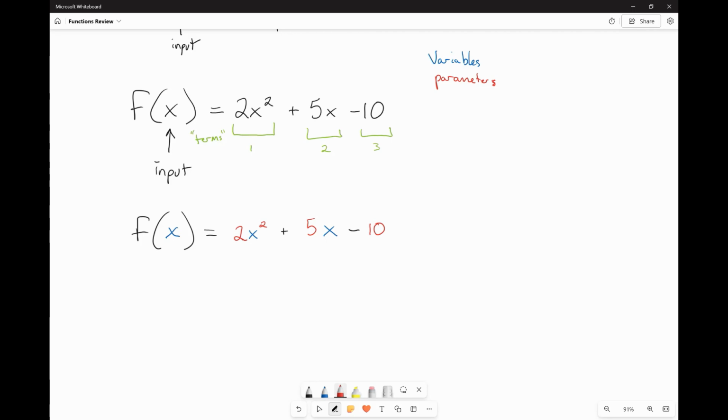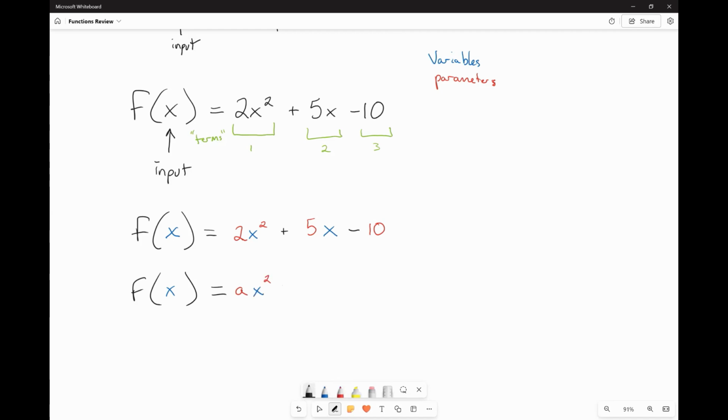I like to make this distinction, even in cases like this. We have a variable x, right? We could have a scenario where instead of the parameters being specified as particular numbers, they're actually given as letters.